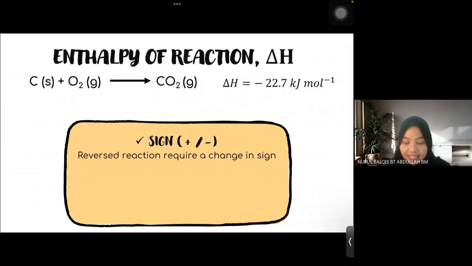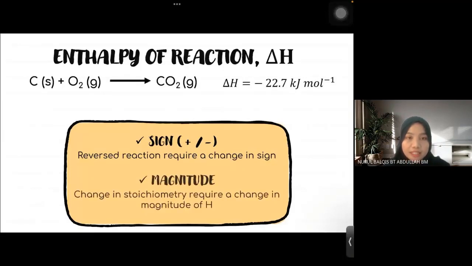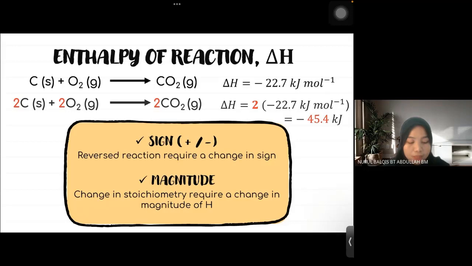Selain daripada sign, kita akan tengok magnitude. So this magnitude belongs to both delta H and also your thermochemical equations, your balance equations ni. At the moment, you have 1 mole of carbon, 1 mole of O2 to form 1 mole of CO2. Okay, let's say we change the number of mole for carbon is 2.